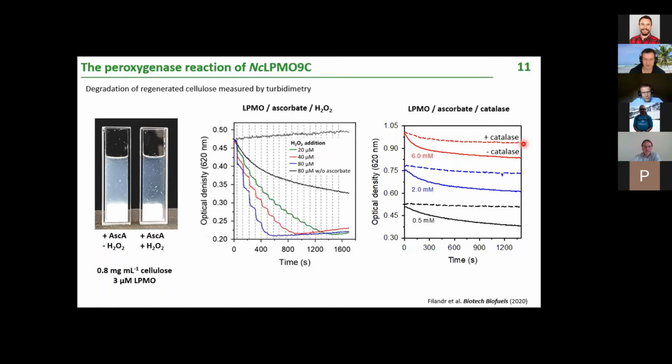So in fact, what we can conclude here is that the reaction with ascorbic acid is not an oxygen dependent reaction, but it's rather that ascorbic acid would produce hydrogen peroxide in a side reaction that initiates LPMO activity. Again, catalase in sufficient amount completely inhibits this reaction.